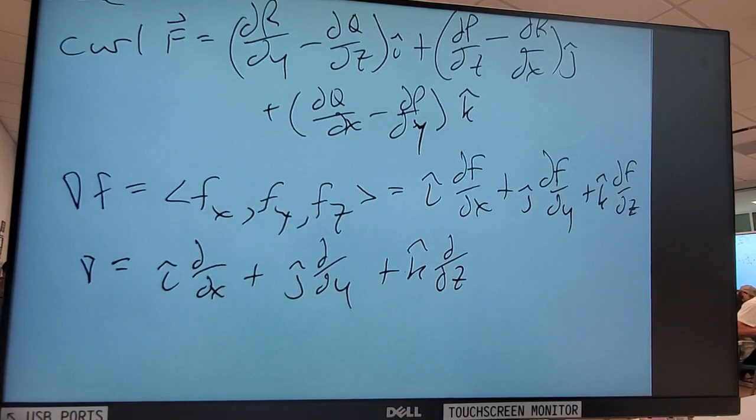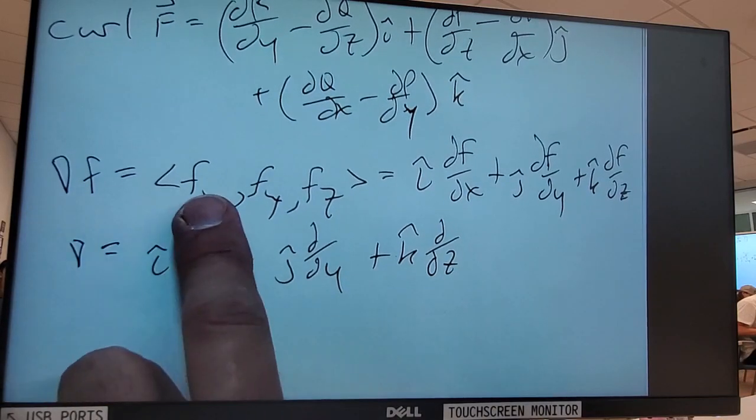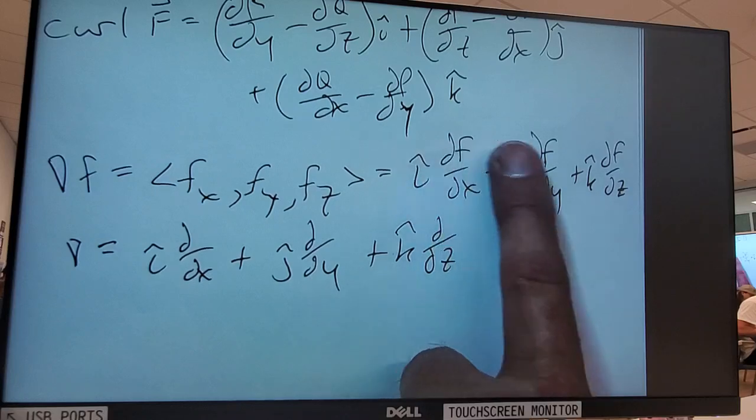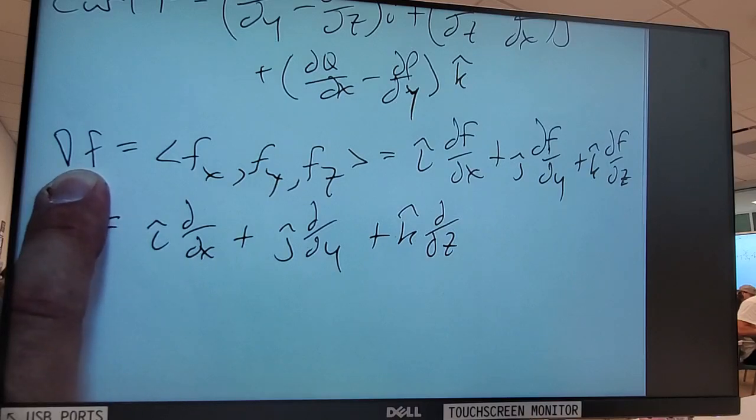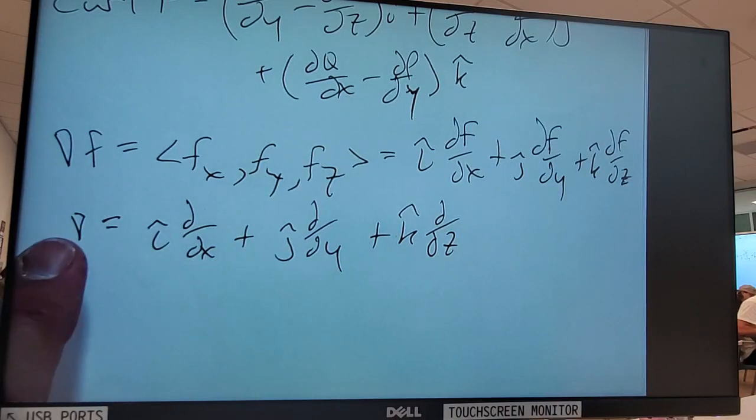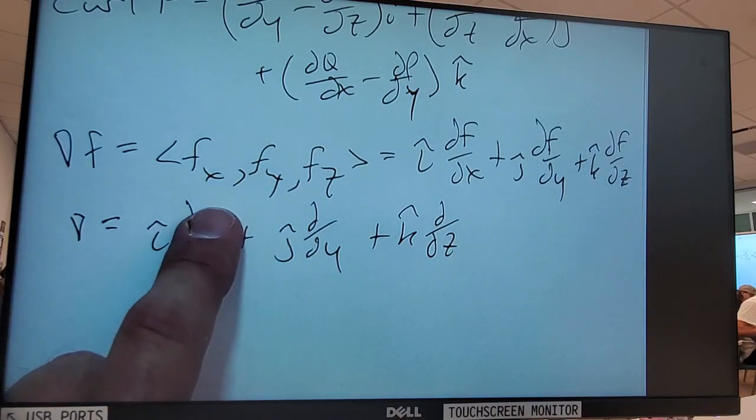It's just waiting to be multiplied by something so it can have something to work with, yes? That operator by itself is this. And if I multiply it by f, don't I just get this? Do you see how I just threw an f in each spot? It operates on f. So this isn't really multiplication, even though it looks like it. It's operation. If I operate on f with this, the f just goes into each piece.